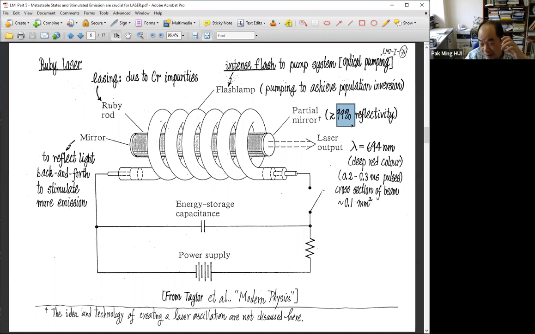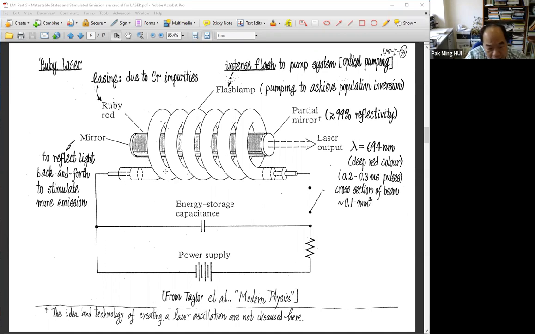That means some light will leak out. The other end is nearly a perfect mirror. This design is to trap some light already emitted inside, which goes back and forth. This design is called a resonator to set up an oscillation. It's called laser oscillation, so that more and more stimulated emission will come out.